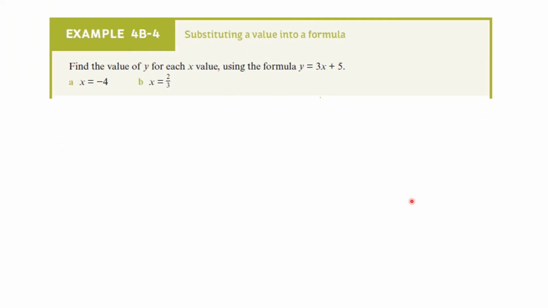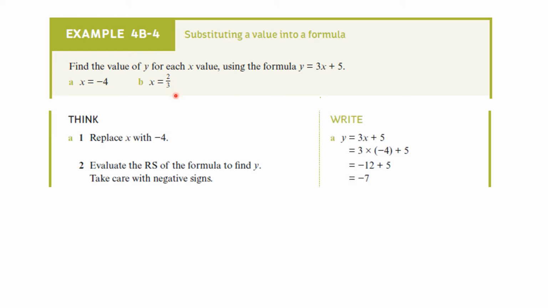Now we're going to look at substituting into a formula. A formula is simply something that has an equal sign. So here's an example. Y equals 3x plus 5, and I'm going to substitute x is negative 4 for question A and x is 2/3 for question B. Question A, we're doing exactly the same thing, guys, except now I just have an equal sign.